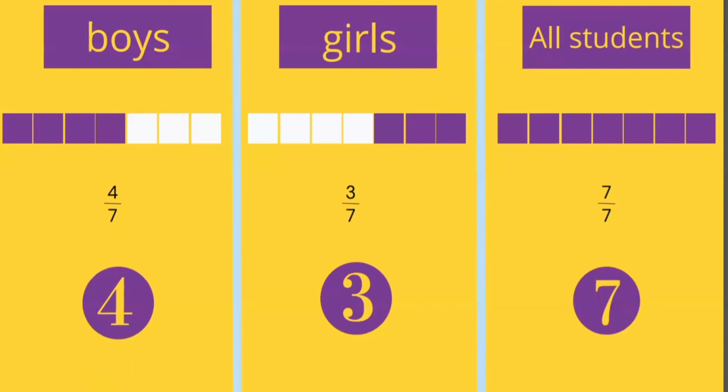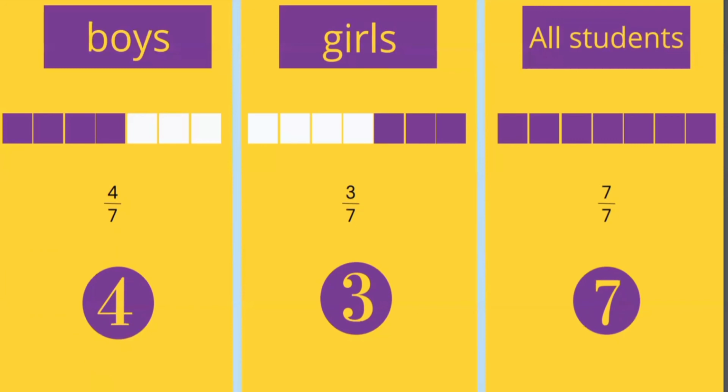So you may be wondering, what's the point of this? It's important for you to remember that we can represent the parts of a whole differently. We can choose to draw a diagram. We can write a common fraction, or we can simply use a number. They all represent the same thing.